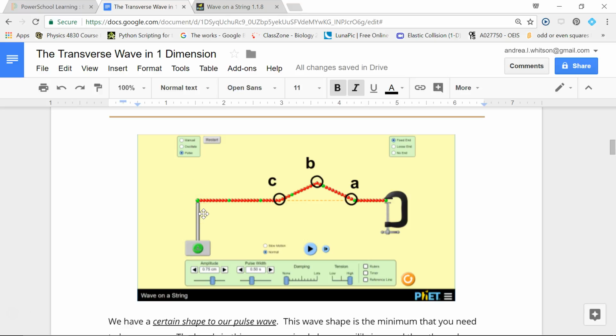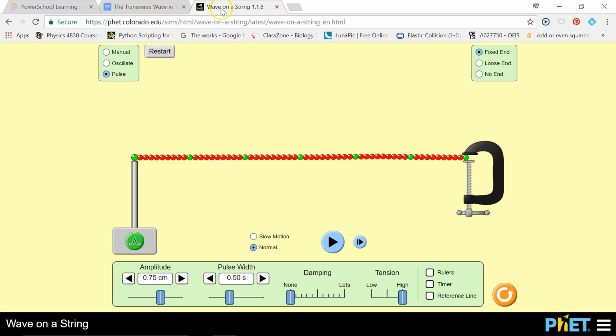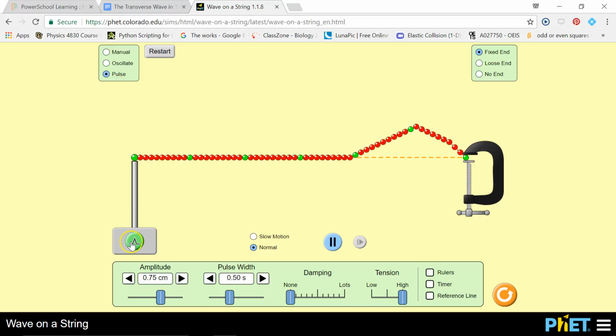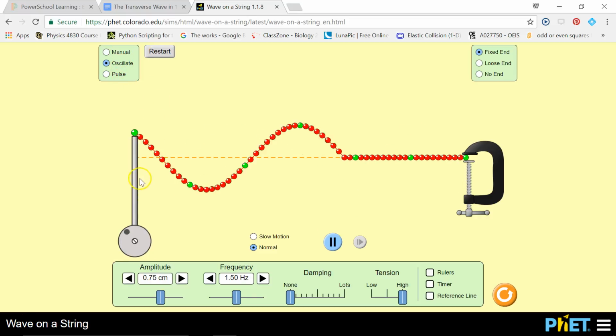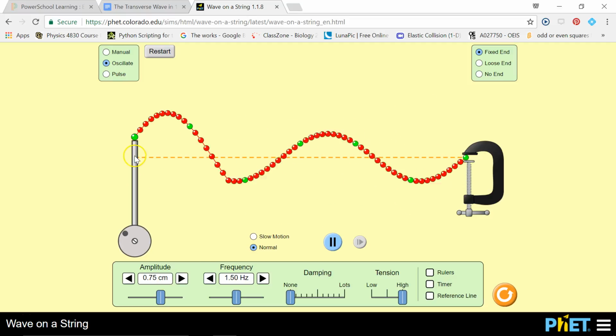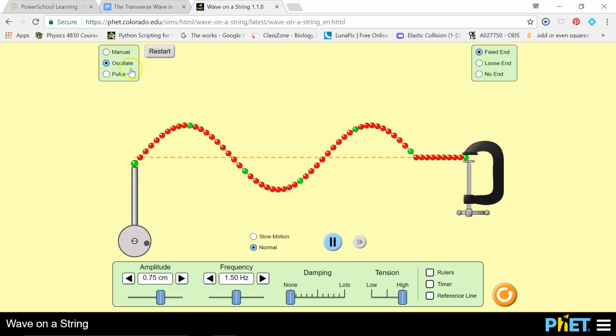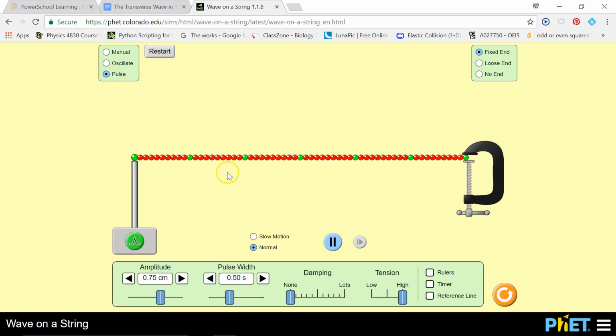A pulse wave isn't going to look that different in this simulation from when they do the oscillation. So just watch how this goes up and down. Oh, sorry, let me restart. Just looking at the up-downness of it, that doesn't look that different from what this is doing. This is going up and down. But what they're trying to simulate is very different.